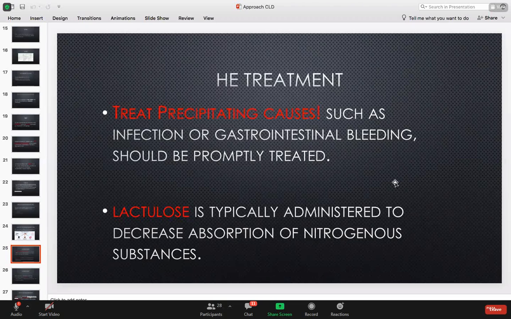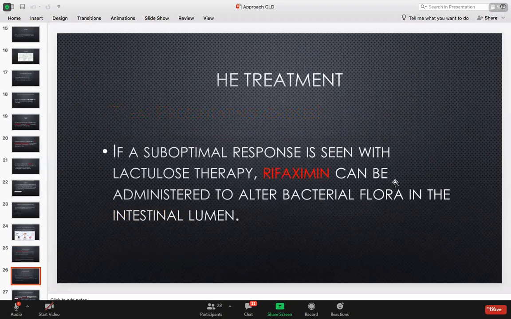We don't want them to enter a vicious cycle of hepatic encephalopathy, okay? At the same time, we should offer them lactulose, as lactulose decreases the absorption of nitrogenous substances in the gut, which also reduces the encephalopathy burden, okay?